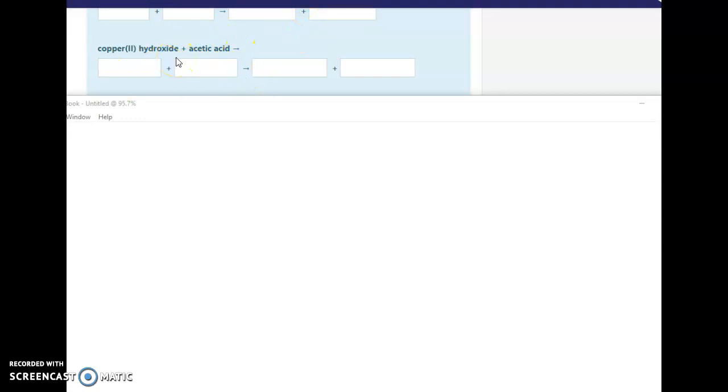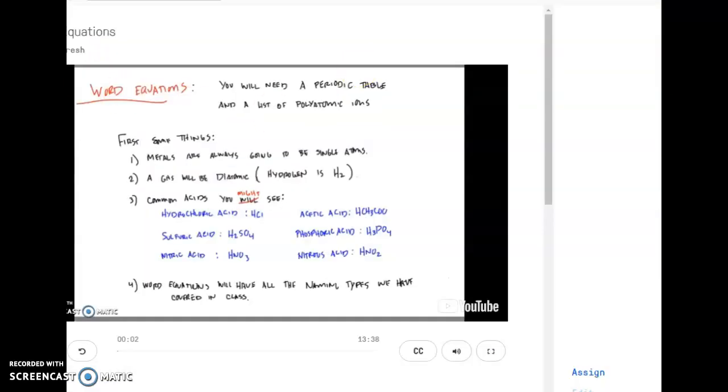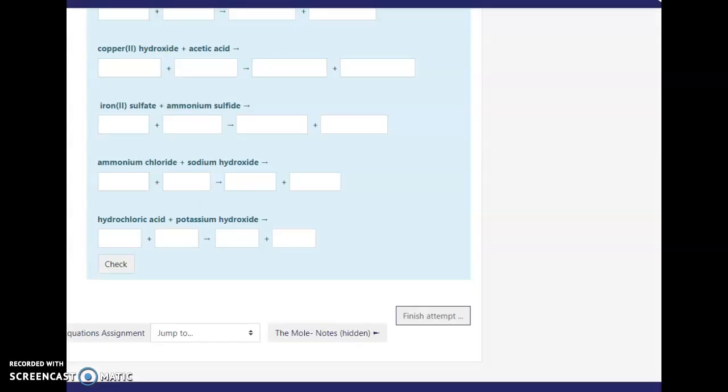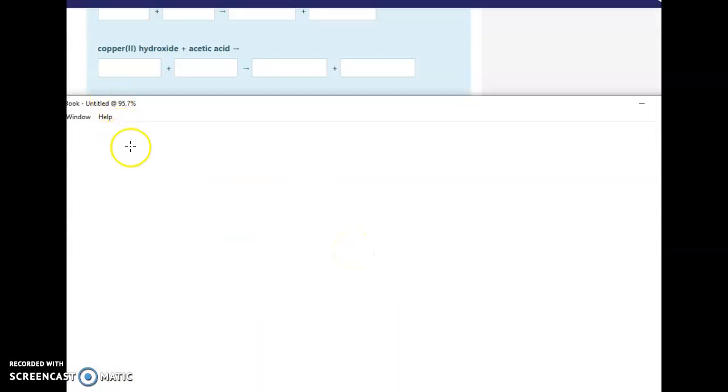A lot of the questions I've been getting are dealing with acids, and when you see an acid name, I want you to refer to the Ed puzzle that was put up a little while ago, which is on word equations. The very first slide, things you need to know and things you should remember. If you don't remember them, write them down somewhere. These are common acids. I see a lot of people submitting problems on Moodle with acetic acid written like this.